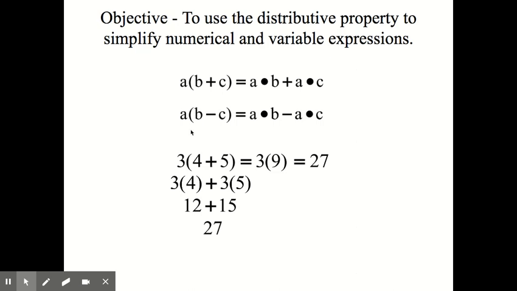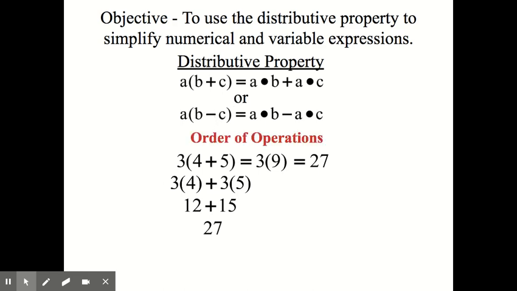So our objective is to use the distributive property to simplify numerical and variable expressions. We can use the distributive property with addition or with subtraction. So it doesn't change anything in terms of the operation. And if we were to look at the order of operations to prove that the distributive property makes equivalent expressions, we could follow that 3 times 4 plus 5 is the same as 3 times 9. 4 plus 5 is 9, and then 3 times 9 is 27.